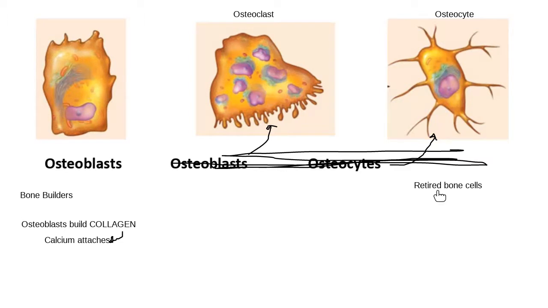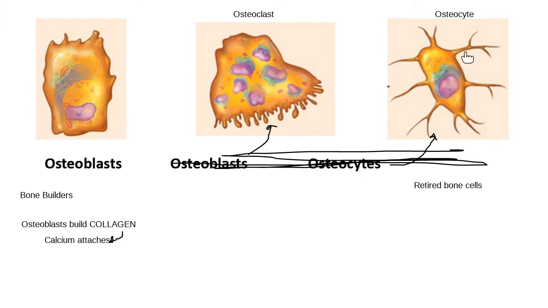See, the way an osteocyte develops, the way that it forms, is an osteoblast worked so hard for so long that it's completely surrounded by calcium and collagen. When it gets completely surrounded by calcium and collagen, it retires. It can't keep making proteins because there's no space to put them down.